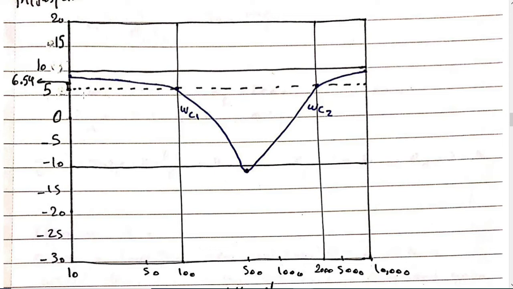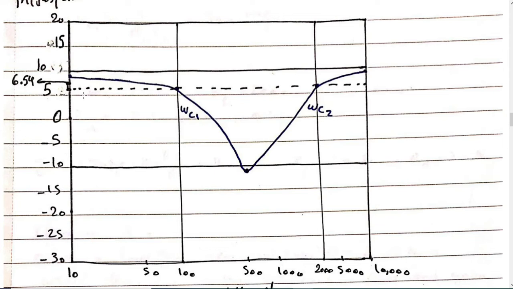So what is the maximum value for this filter or this circuit? If you convert the value to dB, it means the magnitude of the transfer function at cutoff frequency is 3 dB lower than the gain.